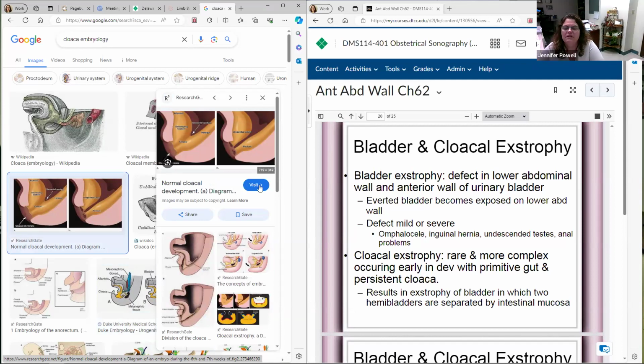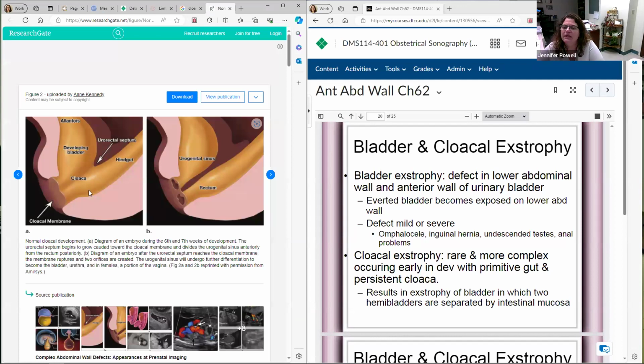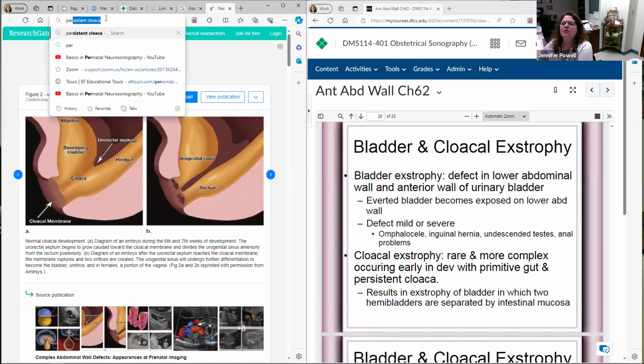It divides into the rectum and in females, both the vagina and the urethra. But sometimes there can be defects where they don't divide, and it's one common opening. So it's called a persistent cloaca.